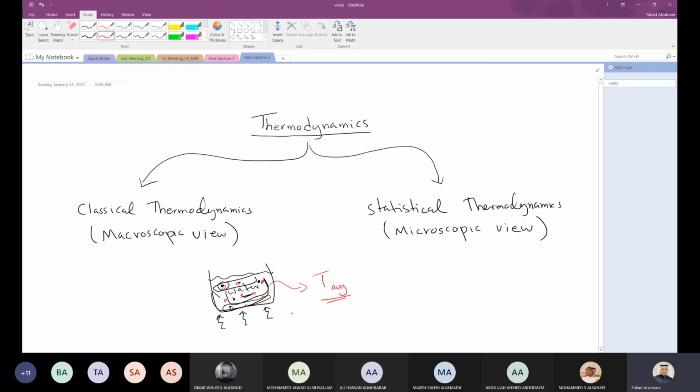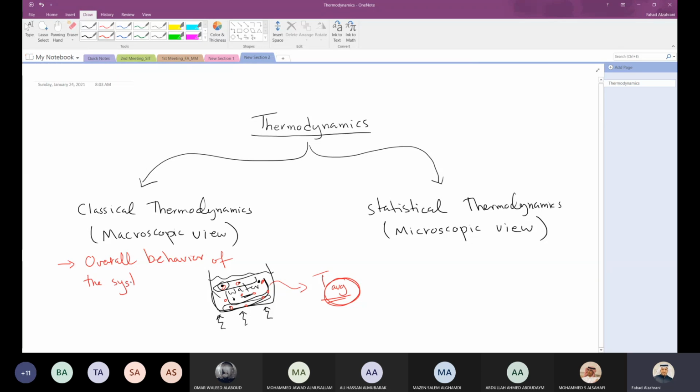Classical thermodynamics looks at systems as if they have average properties. So when you talk about the properties of the system, you look at it in terms of what? Overall behavior. Overall behavior of the system.